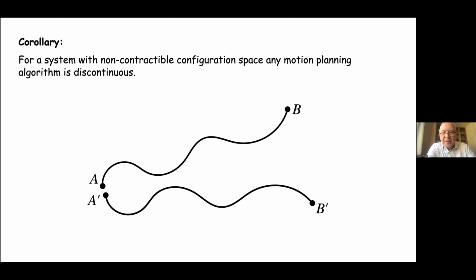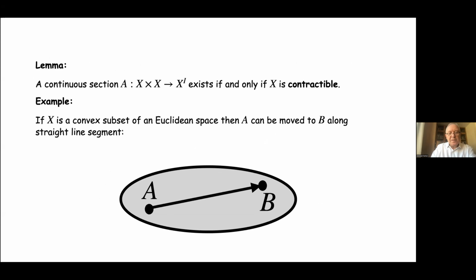Point B prime must be a small perturbation of point B, and point A prime is a small perturbation of point A, but these motions could be very different. Going from A to B will be very different from going from A prime to B prime. So this corollary is equivalent to that lemma from the previous slide.